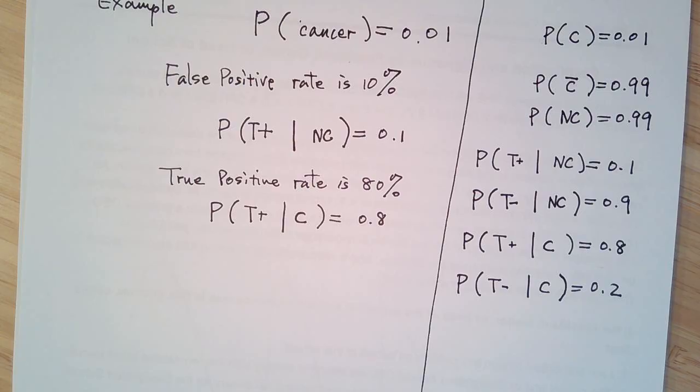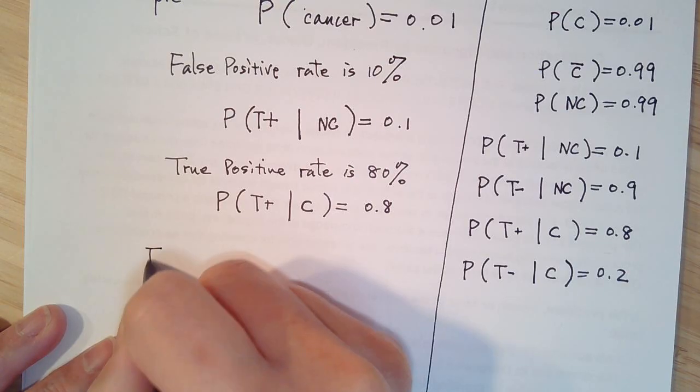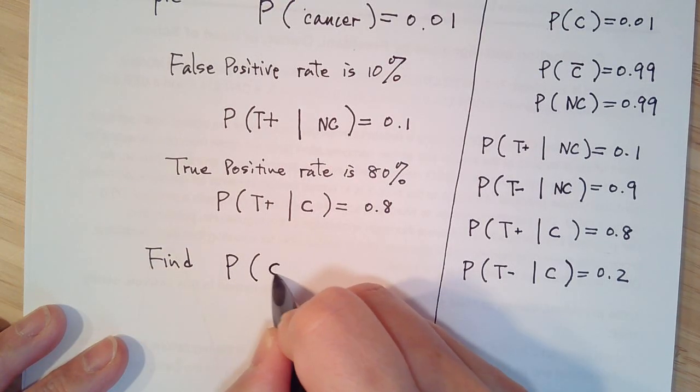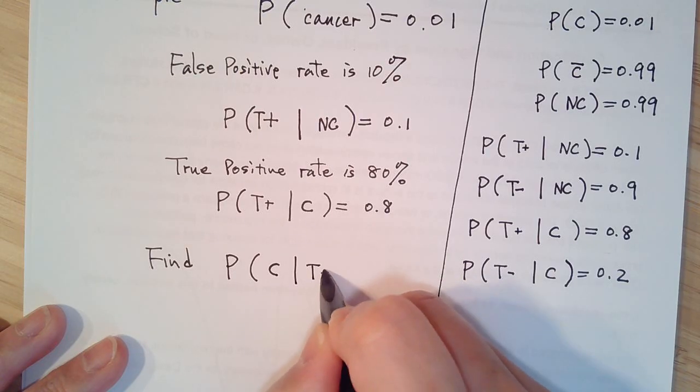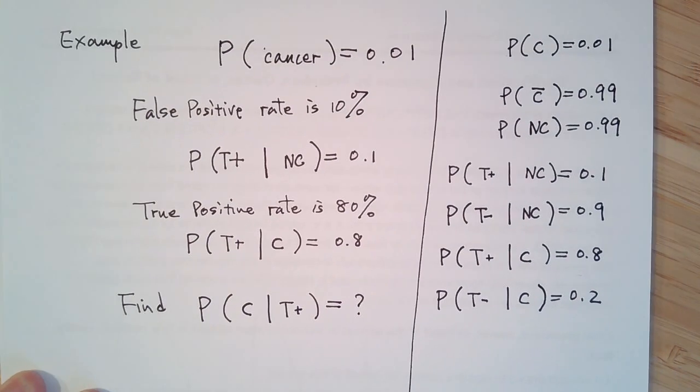So what I'm asking you is, listen carefully: find the probability that a subject actually has cancer given that he or she has a positive test result. What is the probability that someone has cancer given test positive? That's hard, right? It's really, really hard.